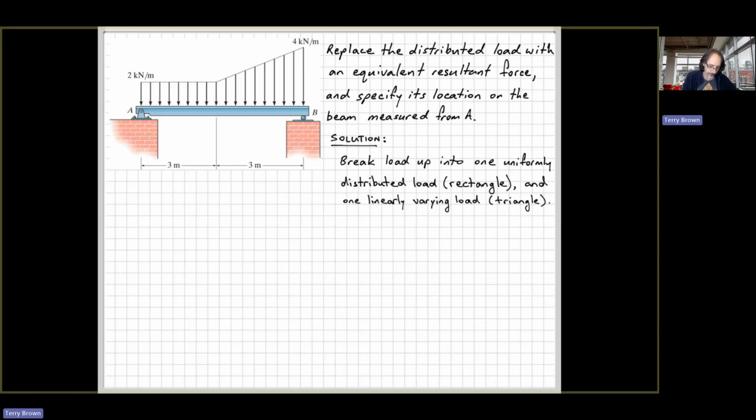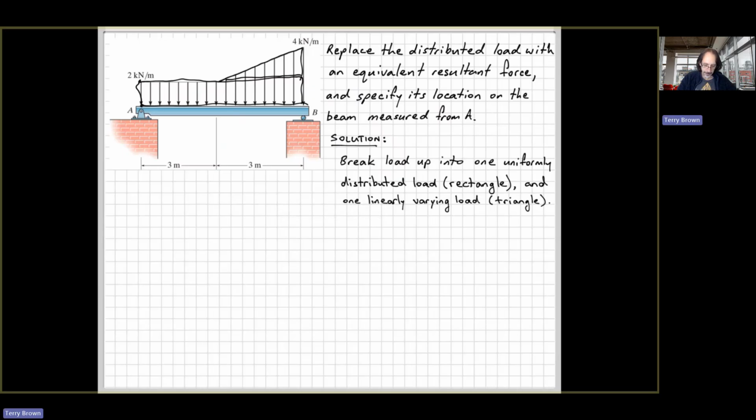So what we're going to do is to split this up into one rectangle like this for the uniformly distributed load, and sitting on top of that we'll have a triangle that we can use to evaluate the linearly varying load.